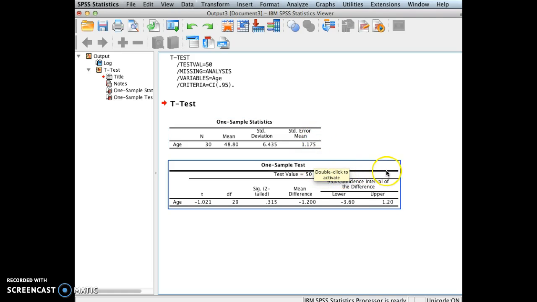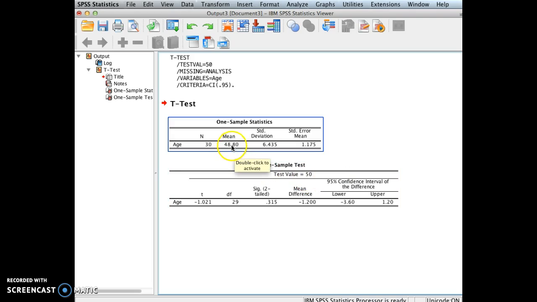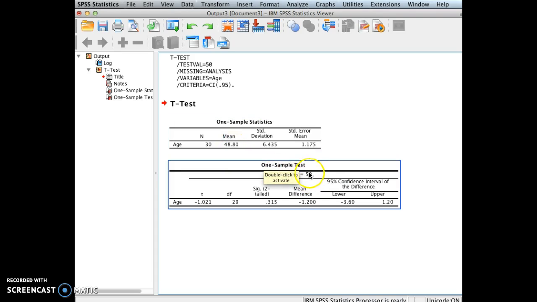The t-test is presented in the next table. The test value is the population average age. We compare our sample average to the population age, and we find that our sample is on average 1.2 years younger than the population mean.